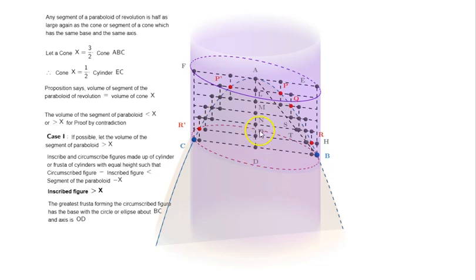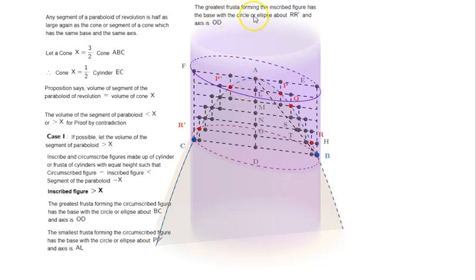Now, the greatest frusta forming the circumscribed figure has the base with the circular ellipse about BC and the axis OD. So, this is the circumscribed figure. The smallest frusta forming the circumscribed figure has the base with the circular ellipse about PP prime and axis is AL. So this is the circumscribed frusta of cylinder.